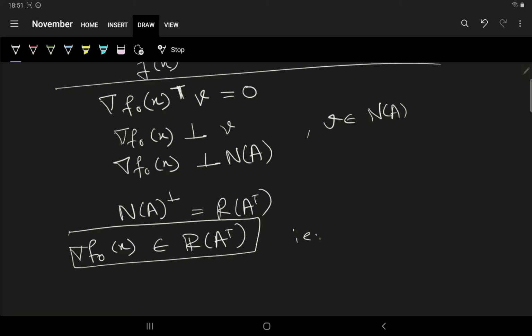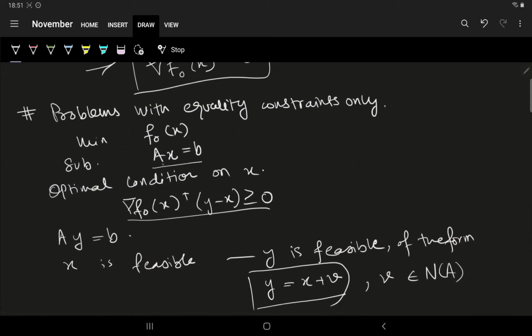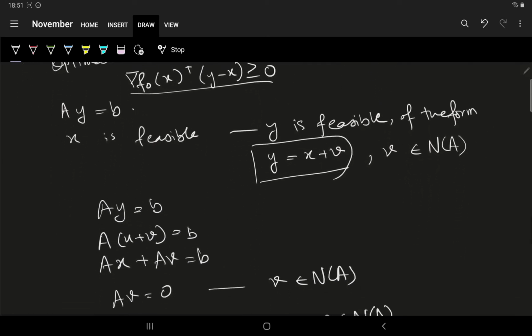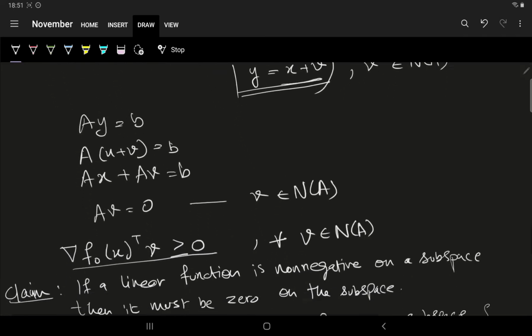That is, there exists a v belongs to R^p from here, and we see that v also belongs to R^p.